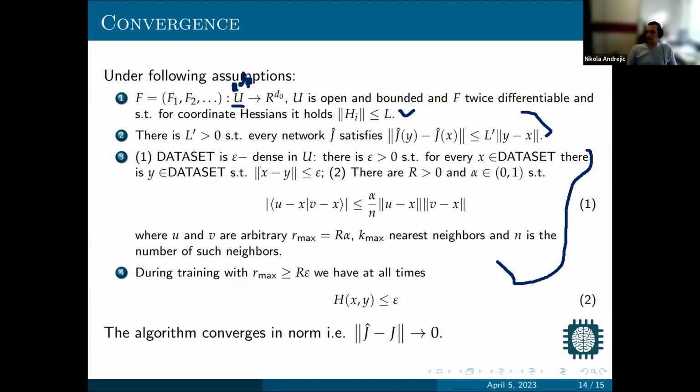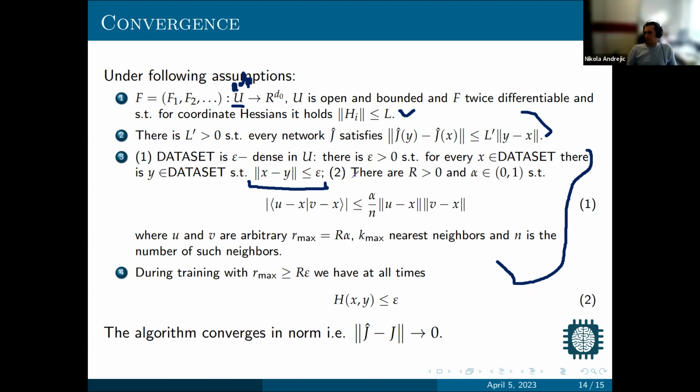They define epsilon such that the data set is epsilon dense, which means that for that epsilon, for each x from the data set, there is y from the data set such that, well, there is at least one point within the epsilon sphere around x.